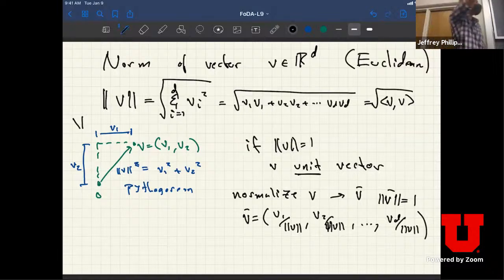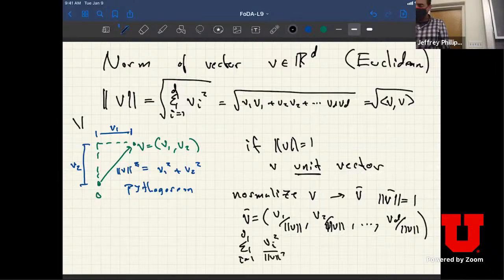Okay, so what happens now if I square each of these terms, add them up, and then take the square root? I'm taking a sum over i from 1 to d, and I'm going to get vi squared divided by the norm of v squared. This term at the bottom can factor out of the sum.